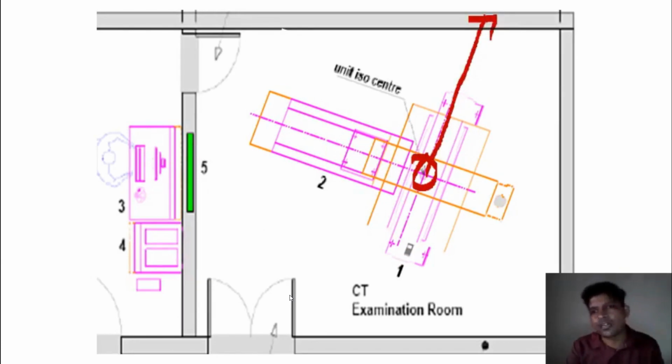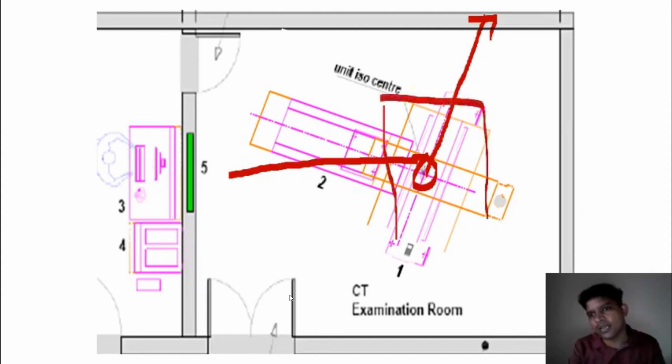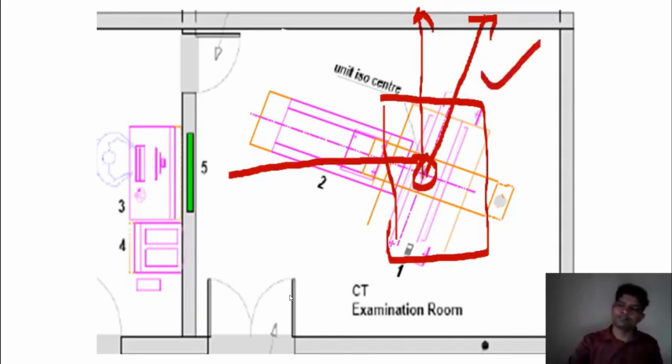If your CT gantry is kept in this direction, the distance from the isocenter to the wall will be shorter. To avoid this, this is the method you can use.